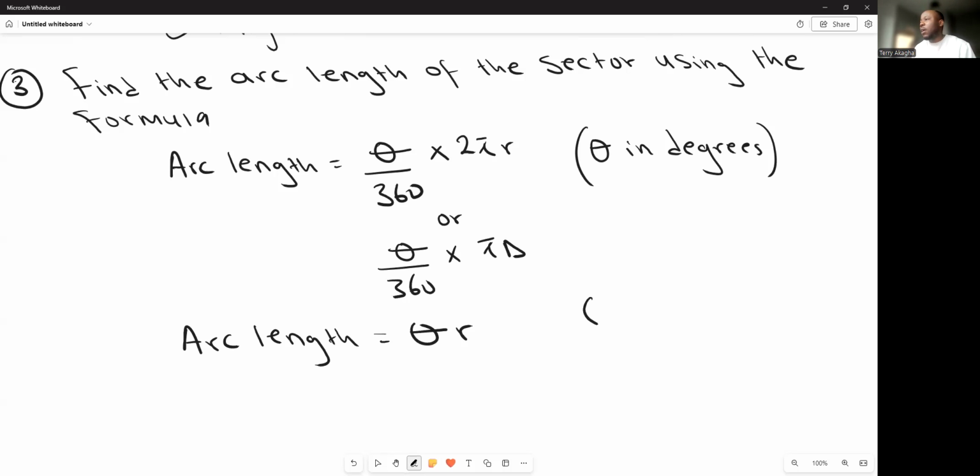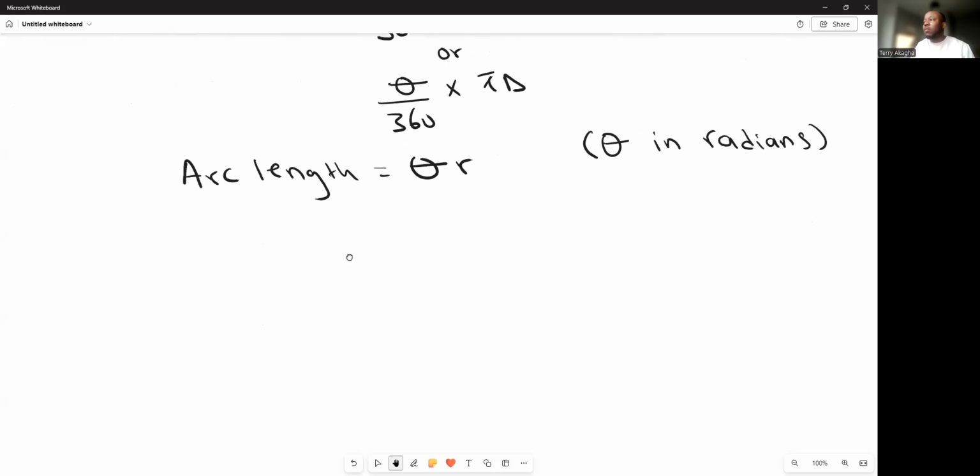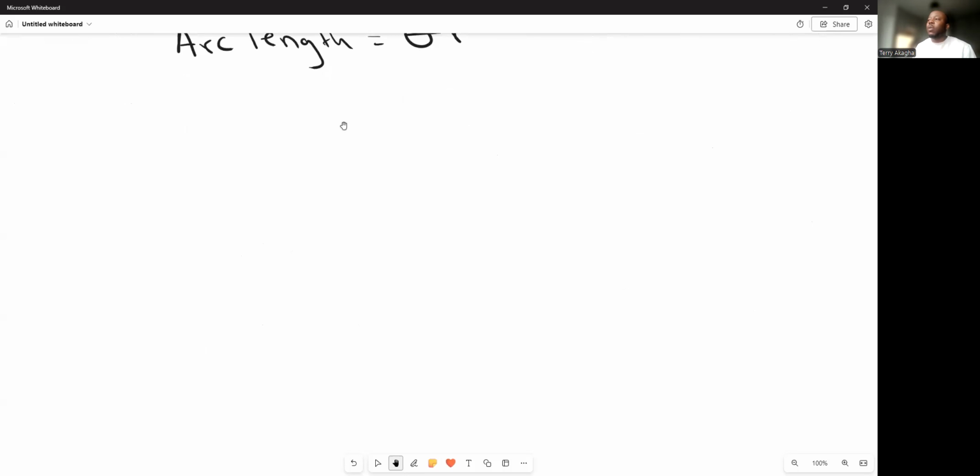So in this case, theta is in radians. So you need to be careful. You need to look at it carefully and see whether you were given radians or degrees.